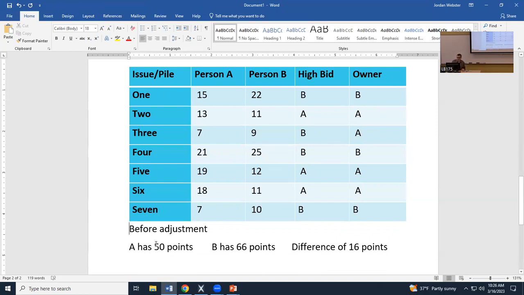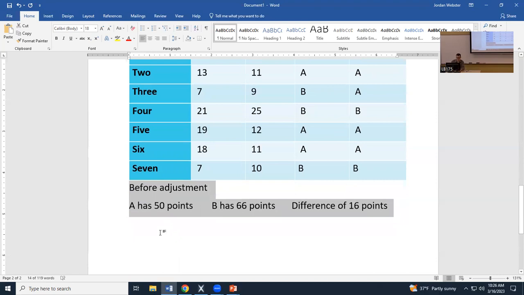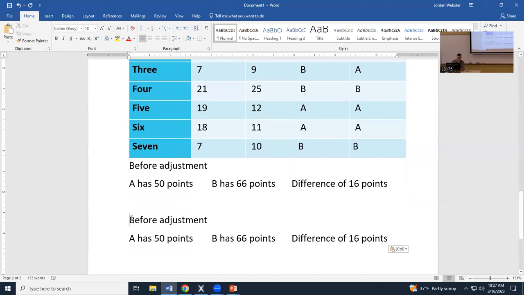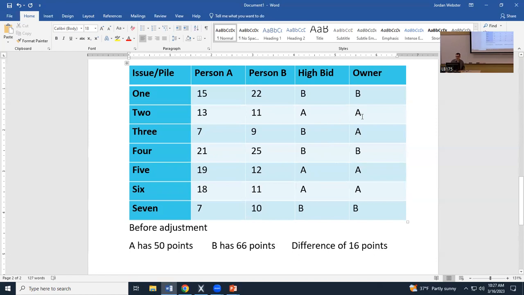And now, after I've done that adjustment, if you look at how many points A and B now have, A would have walked away with 13 plus 7 plus 19 plus 18.